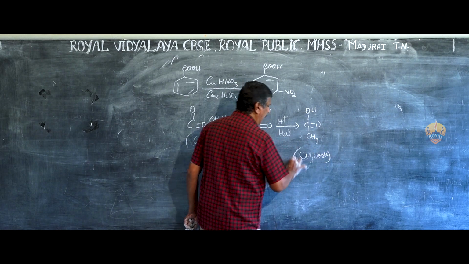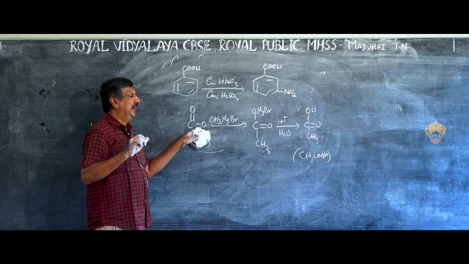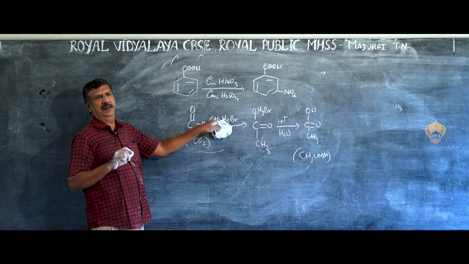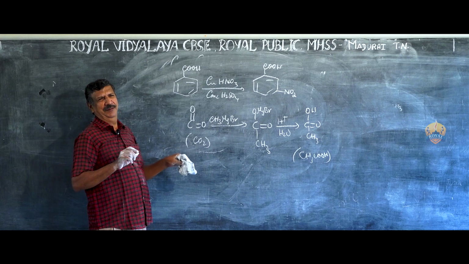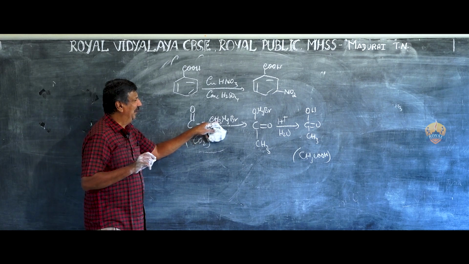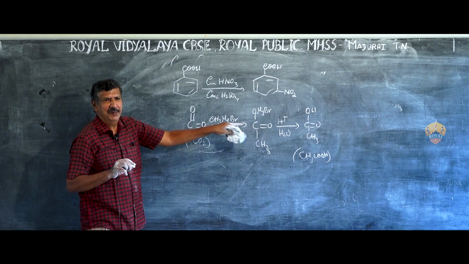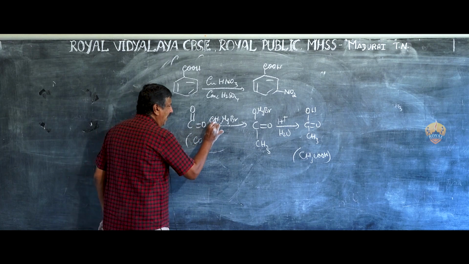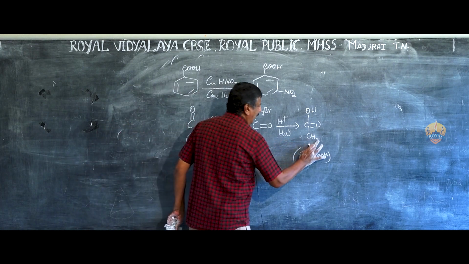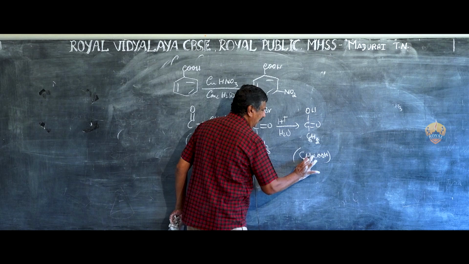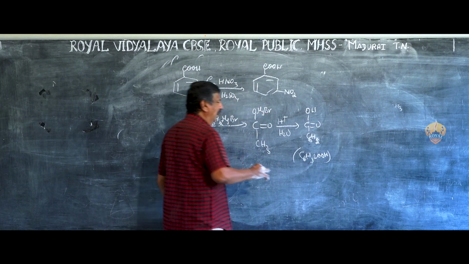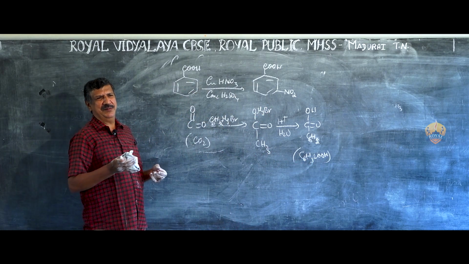So, keep it in mind: when carbon dioxide is treated with Grignard reagent, it gives the corresponding acid. When you use methyl, you will get acetic acid. When you use phenyl, you will get benzoic acid. Okay.